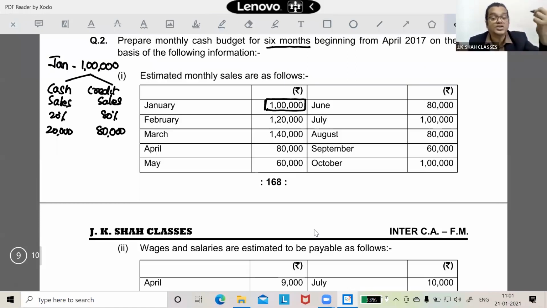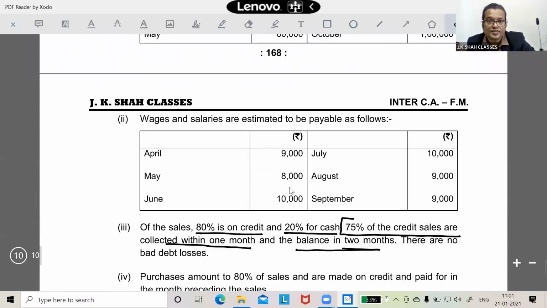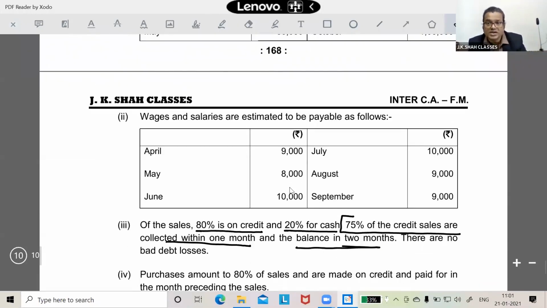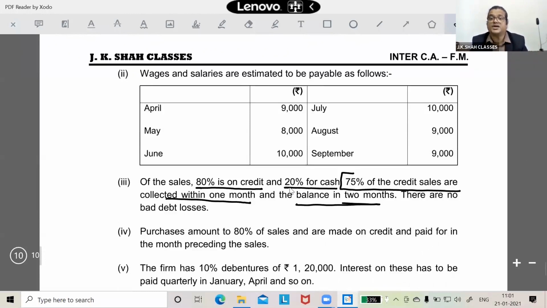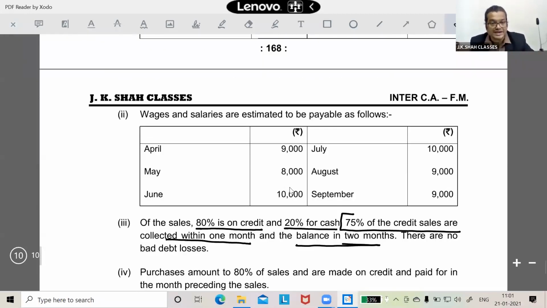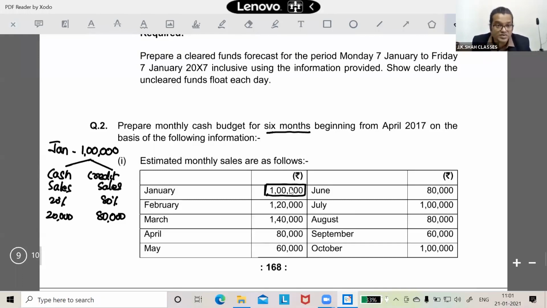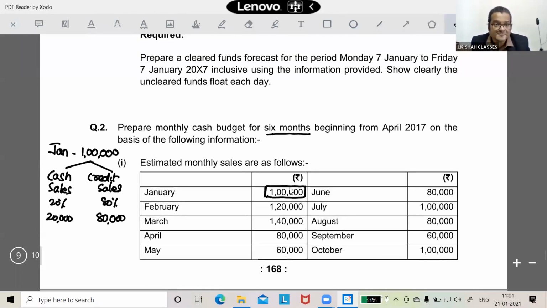See, in the earlier question, it was like just 1 month and the collection comes, right? What is told over here, people? See, it is told over here that 75% of the credit sales are collected within 1 month and the balance in 2 months. So out of this 80,000, 75%.